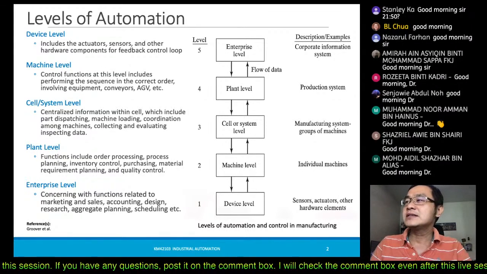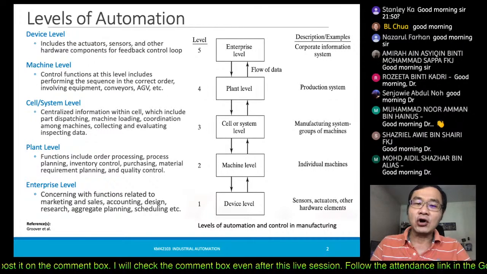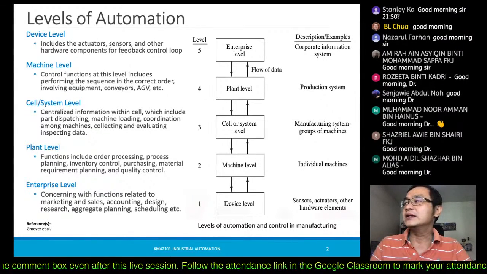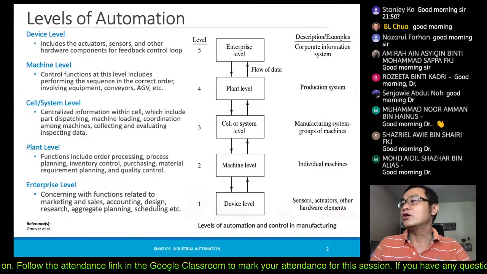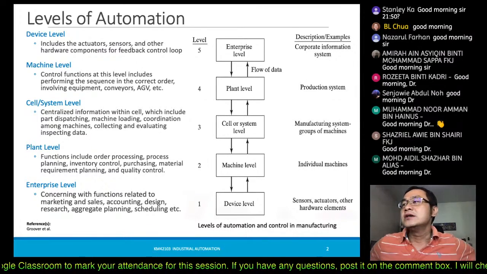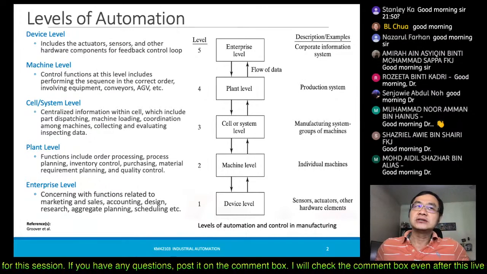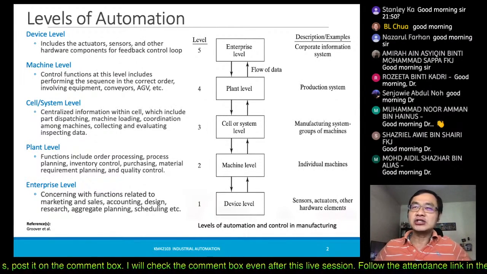So all these things can be grouped. Okay, all these automations can be grouped into different levels of, I would say, authority, or how the data should flow, right? It depends on how large you want to make your automations, right?